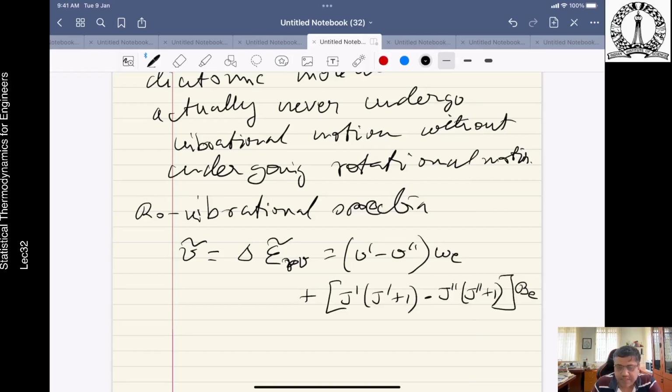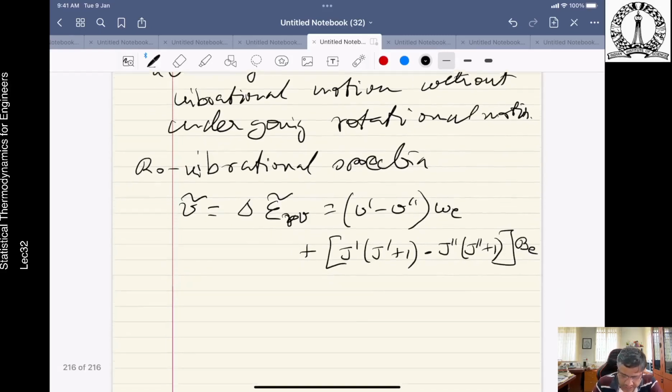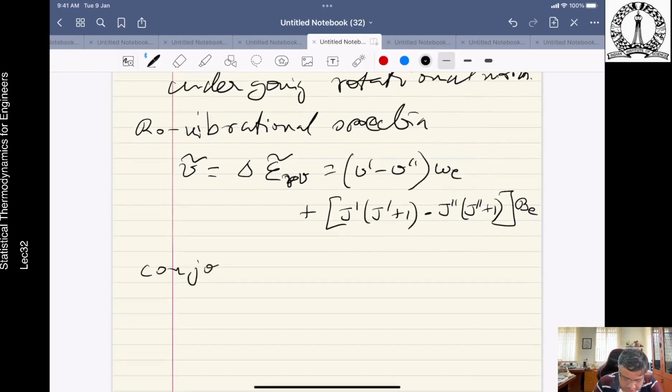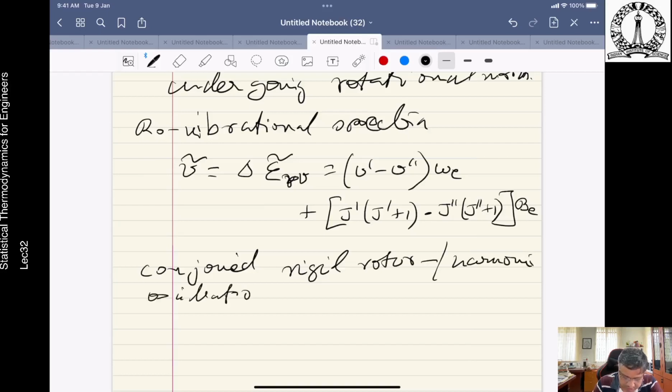So this is like a conjoined rigid rotor slash harmonic oscillator model. Again, the single prime and the double prime refer to the upper and lower vibrational levels respectively, and it is used even to identify the rotational quantum numbers within each vibrational band.